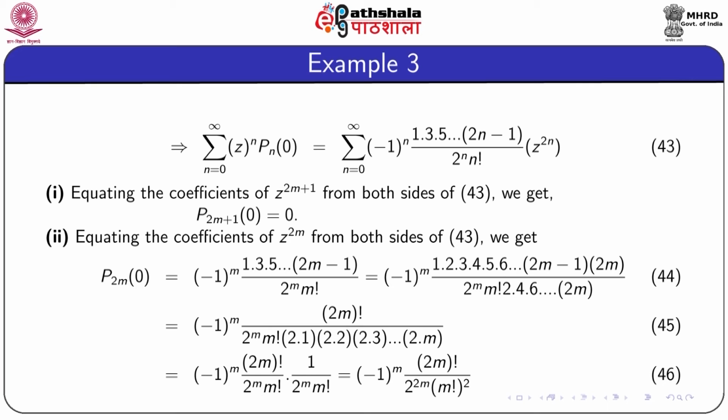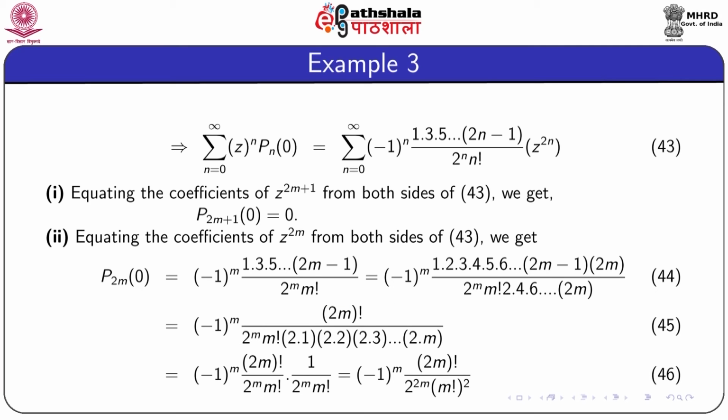To prove the second part of the problem, we equate the coefficient of z^(2m) from both sides of 45. The left hand side is P_{2m}(0), and the right hand side is (-1)^m 1.3.5...(2m-1) / (2^m m!).